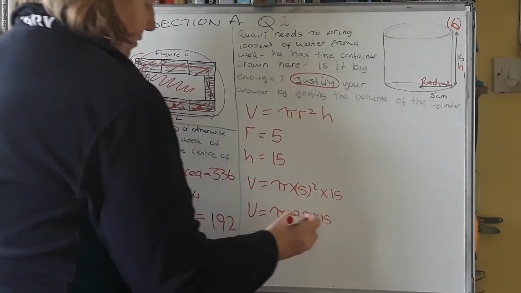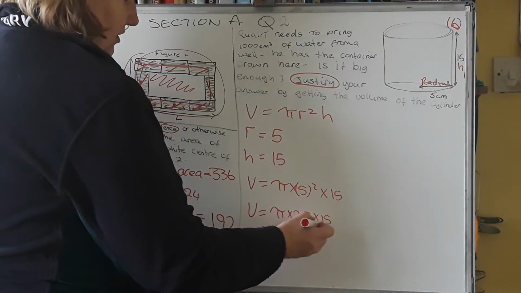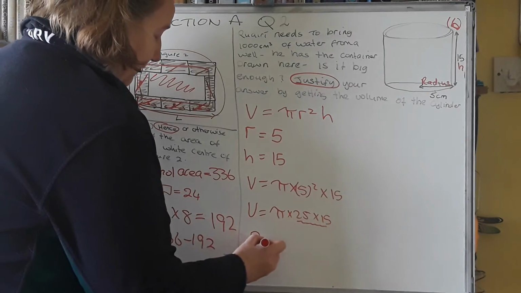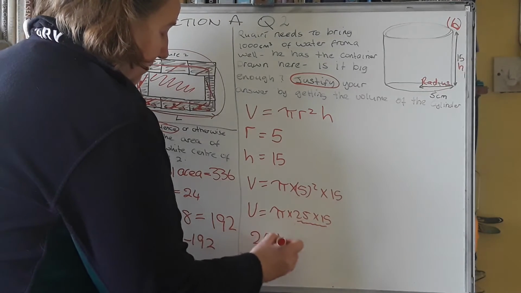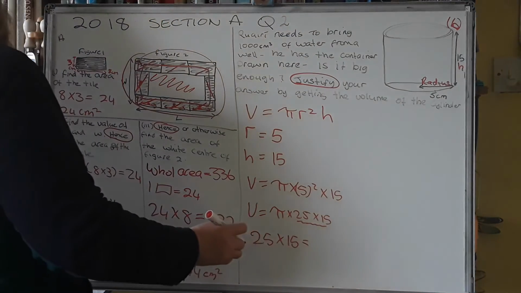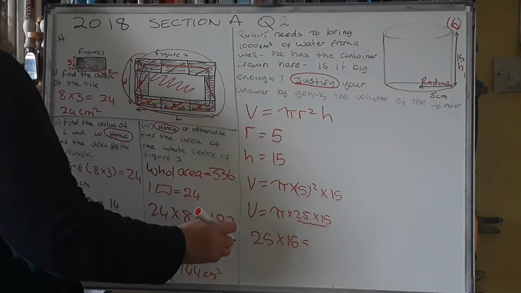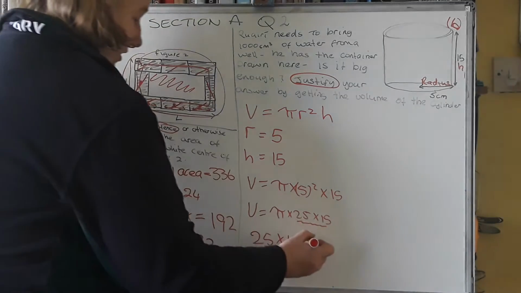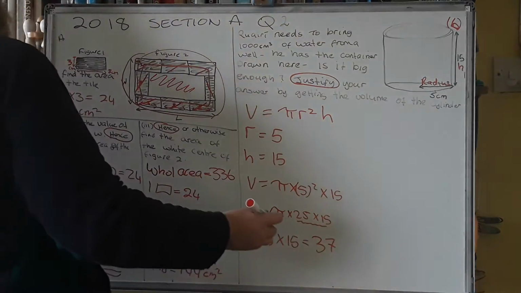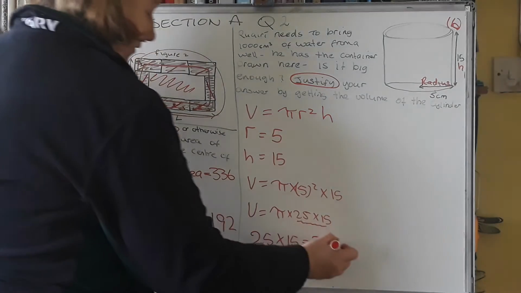Now what I'm going to do is I'm going to do this bit, just the numbers. I'm going to ignore pi for the minute. So 25 multiplied by 15 gives you 375.